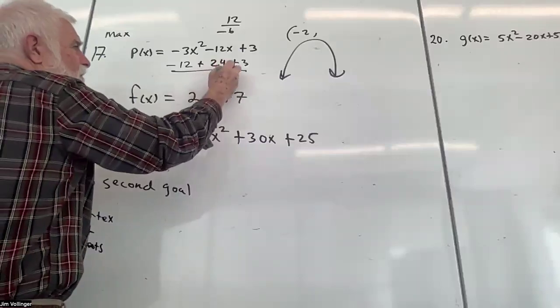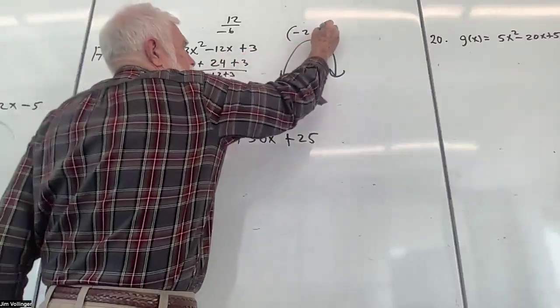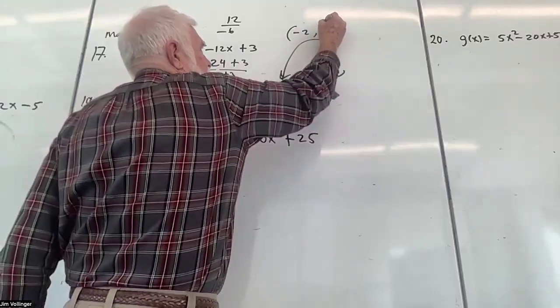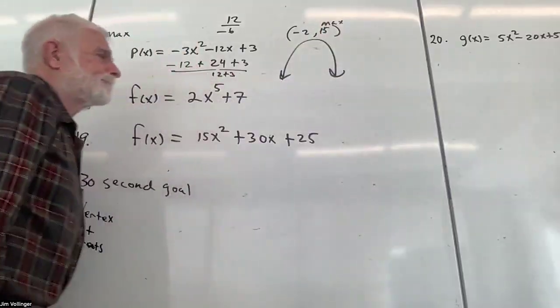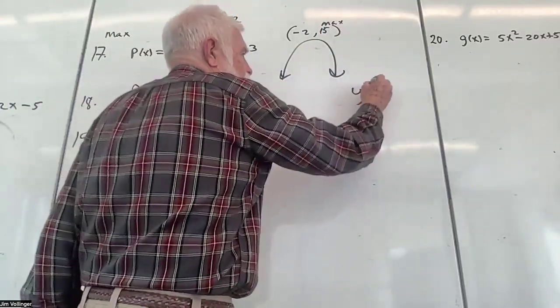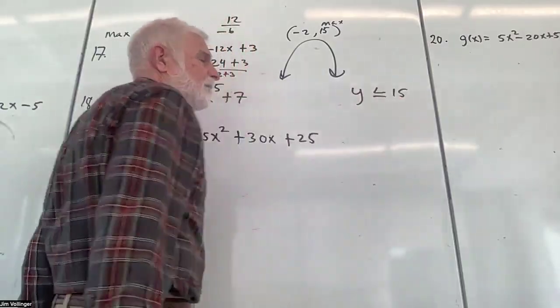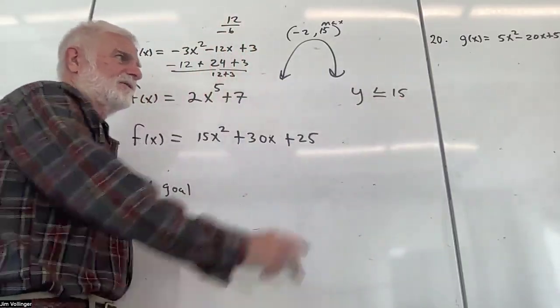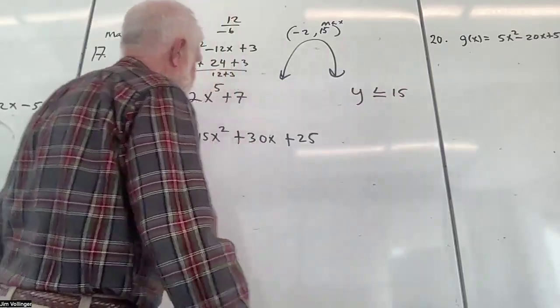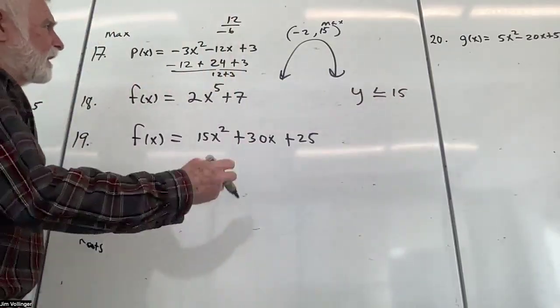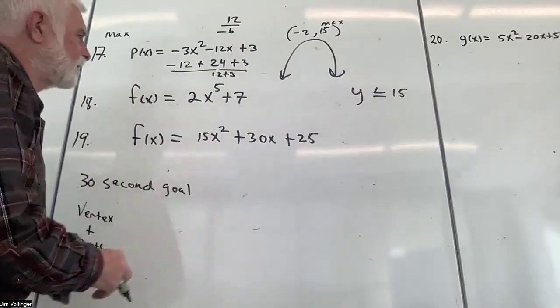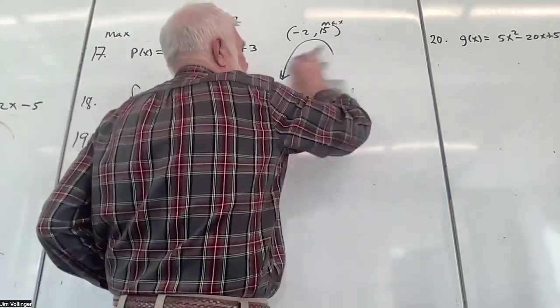So that's simply 12 plus 3 is 15, and that is my max. The range of this, y value is less than or equal to 15. What's the biggest y value? Appears to be 15. Of course, once I have that, I've got the roots and everything else right at my fingertips.